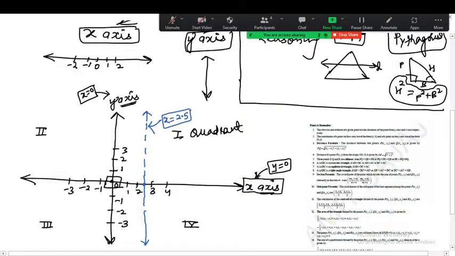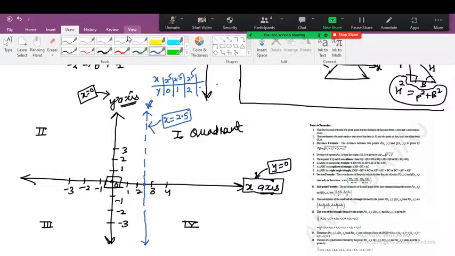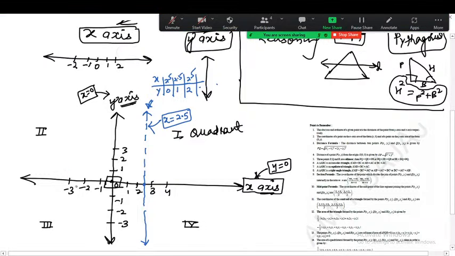It simply means in this particular line, whatever you consider your y may be 0, y may be 1, y may be 2, y may be anything else, but your x is going to be 2.5 only. That is why you call this line x is equal to 2.5.